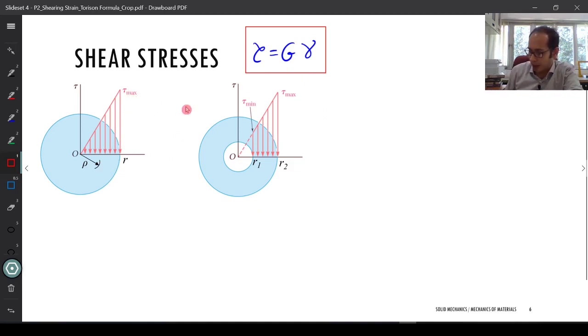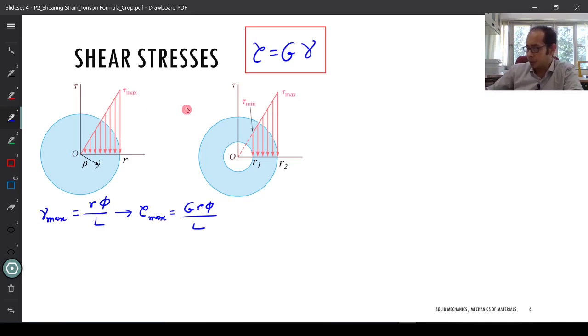Remember, my gamma max was R phi times L. So that automatically tells me my tau max is going to be G R phi by L over here, right?